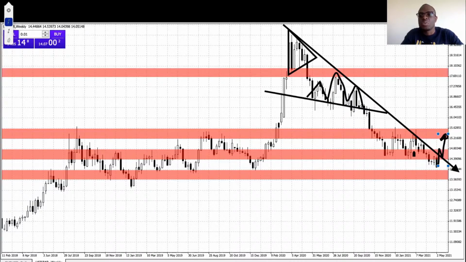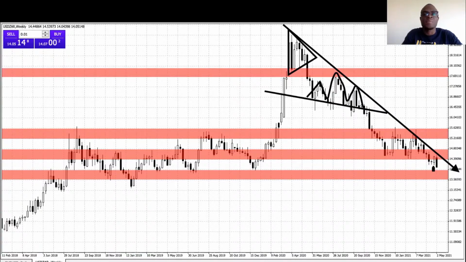In this case, we'd deem this a fake breakout. But from the analysis that we have, there is a low probability of this happening, though it can happen.